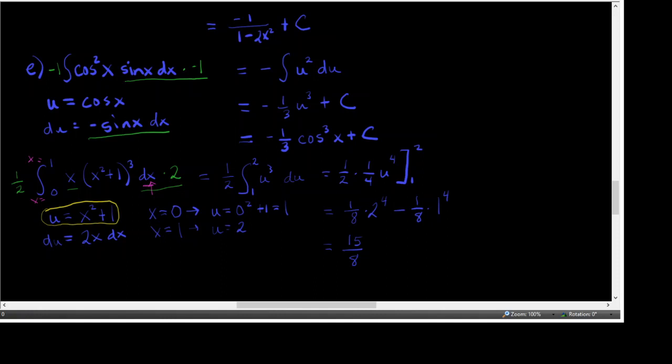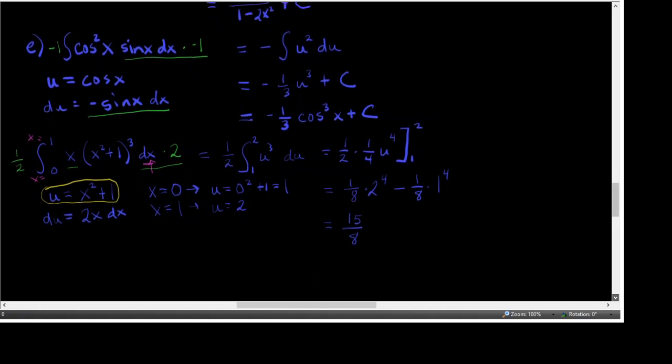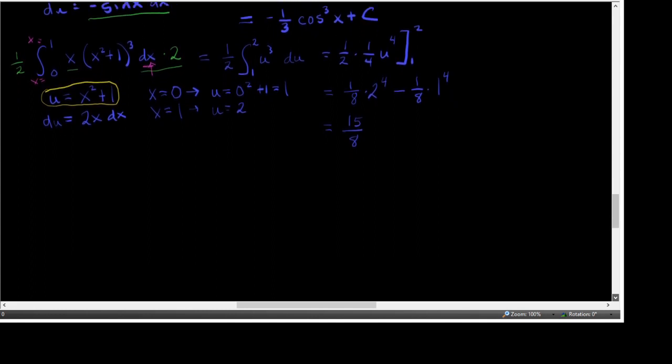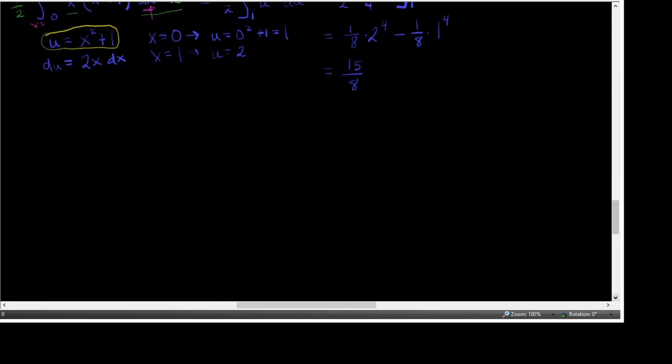Okay. So that's how we're going to proceed when we have a definite integral. We're going to not only change the variable to a u problem, any upper and lower bounds are going to have to change to values of u instead of values of x.